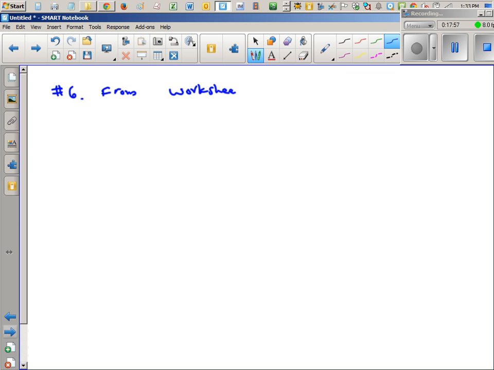This is your worksheet that's due on Thursday, and the problem says solve the differential equation, and you want a particular solution. They're going to actually give you enough information to actually find c.